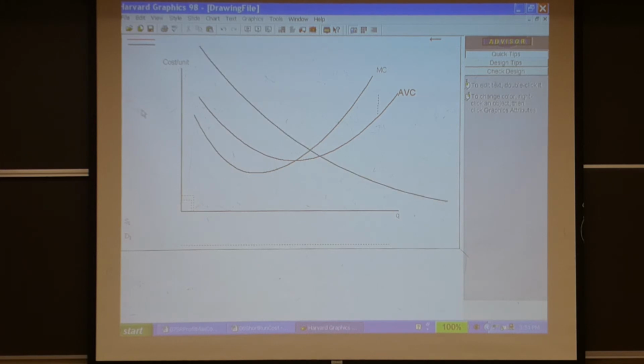So then here, what I want is this is average fixed cost. Now in this case, I'm going to add it to average variable cost so you can see what I really want. And you can see as average fixed cost gets smaller and smaller, average cost, which I'm going to draw now, from here down to here, right?